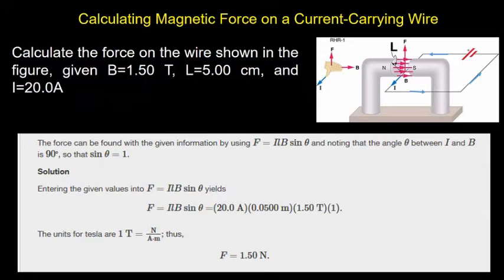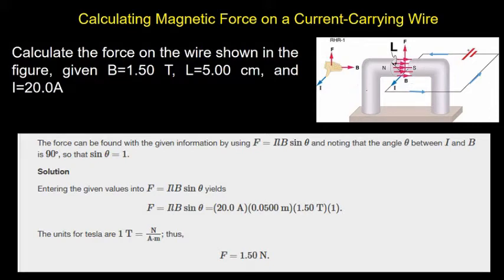Let us do a problem of calculating the magnetic force on the current carrying wire that was presented in the previous slide. As you see here, the field present is given to be 1.5 Tesla. That's the strength of the magnetic field inside the region.